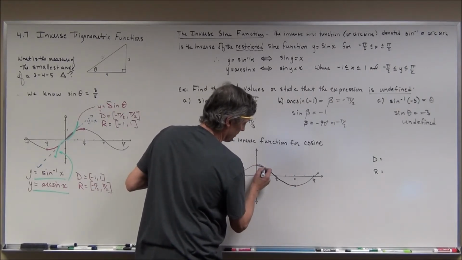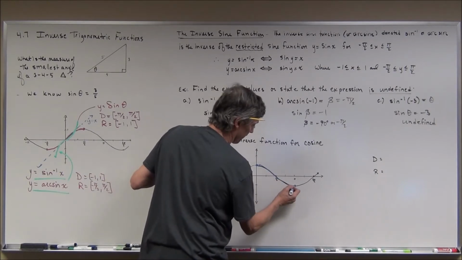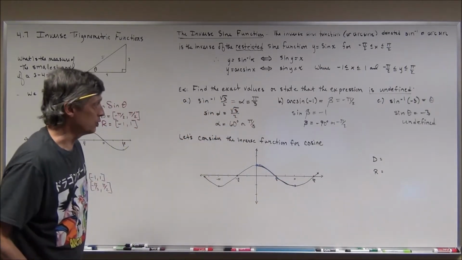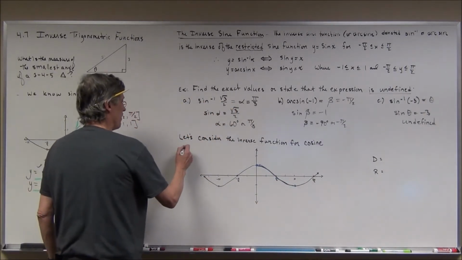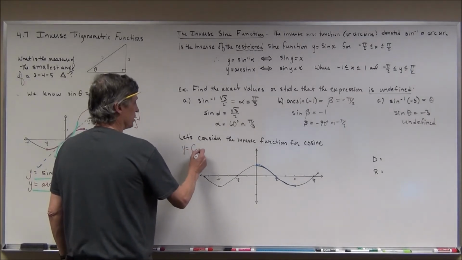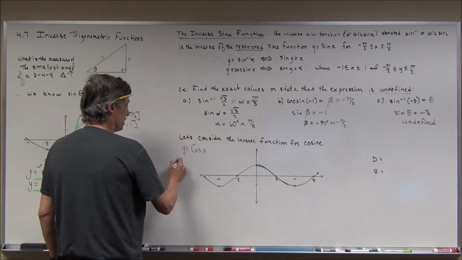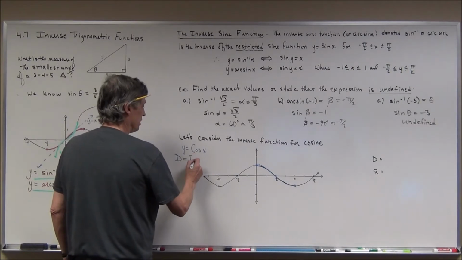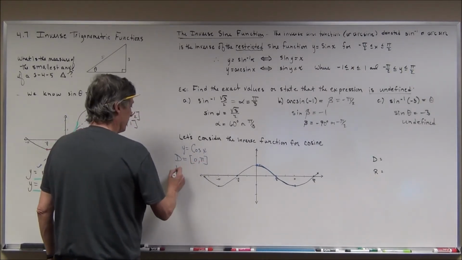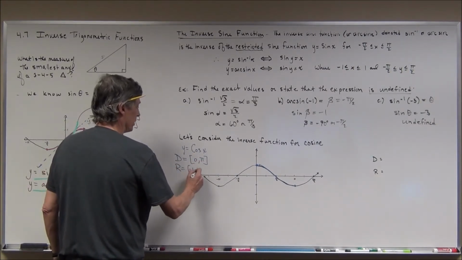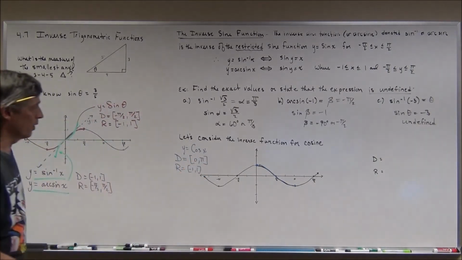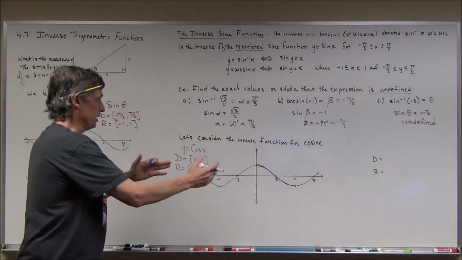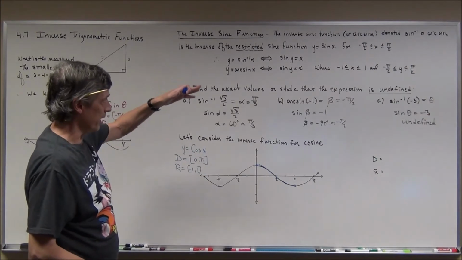There I get all the positive values and all the negative values. And that is 1 to 1. And again, some books will call that capital C cosine of x, where you have the restriction that the domain is from 0 to pi, and the range, of course, is from negative 1 to 1 inclusive.